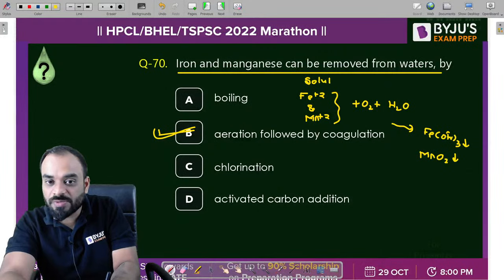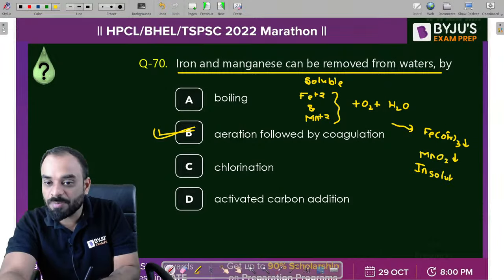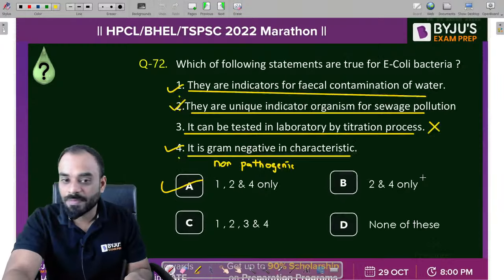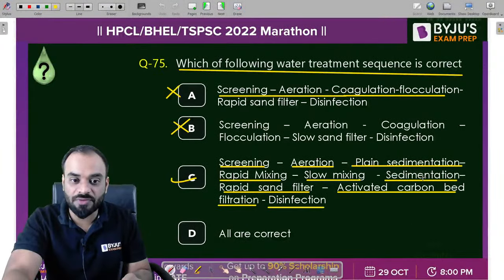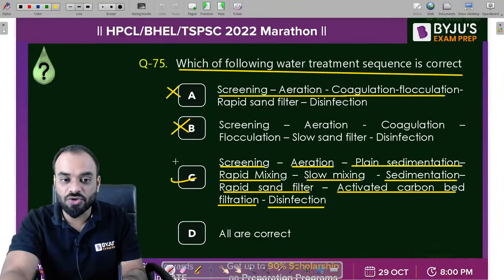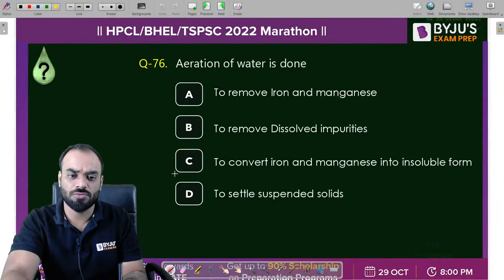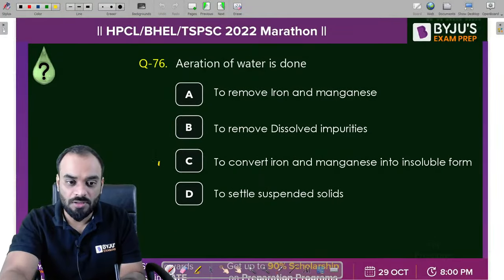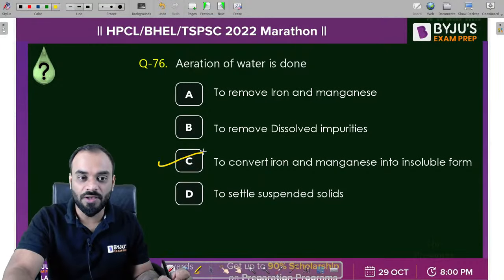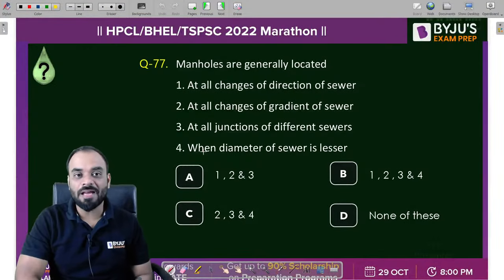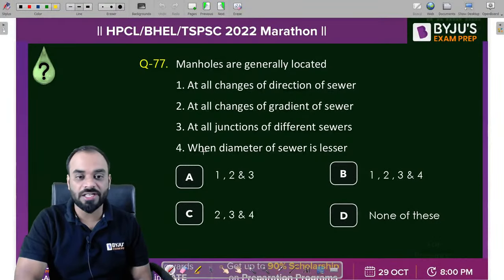This is basically soluble, and these are insoluble precipitate. That is our purpose. Clear? So which one is the correct answer? It should be C.